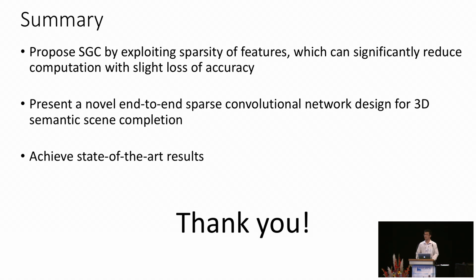Are there questions? What happens if you have small details in your 3D points which are important for the recognition? Are you going to miss these small details because of the subsampling? You mean the accuracy drops more for the small objects?